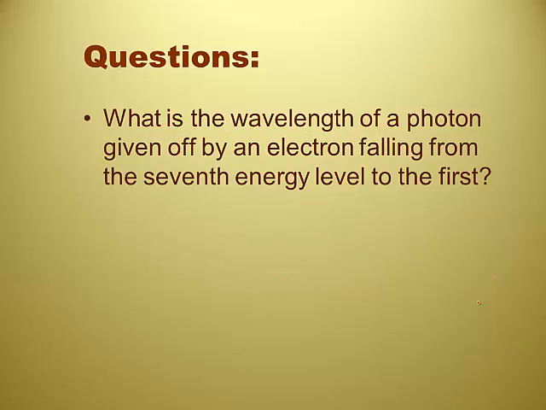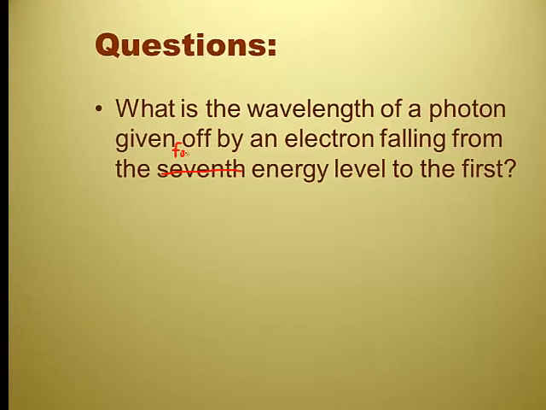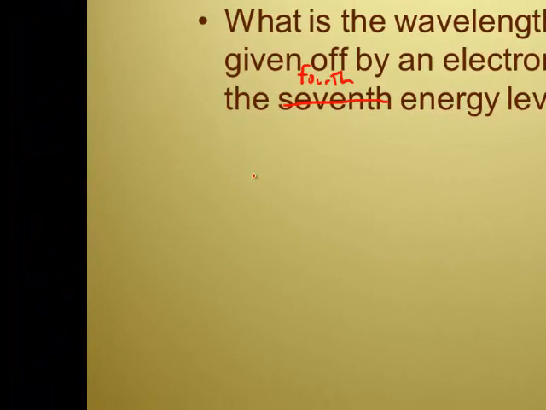What's the wavelength of a photon given off by an electron falling from the fourth to the first, so back down? The change in energy is equal to E final minus E initial.